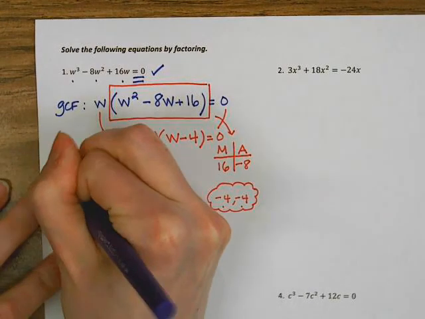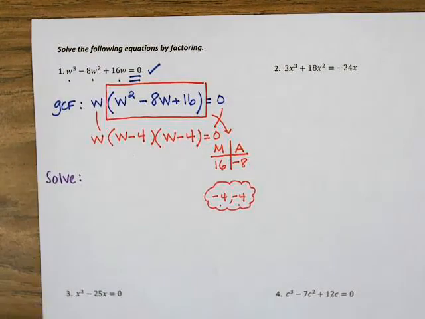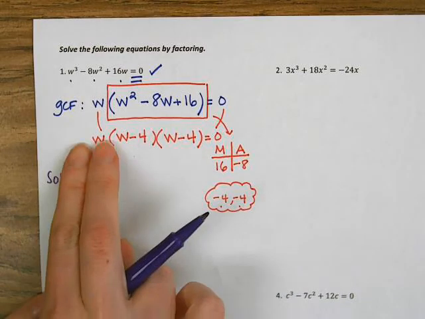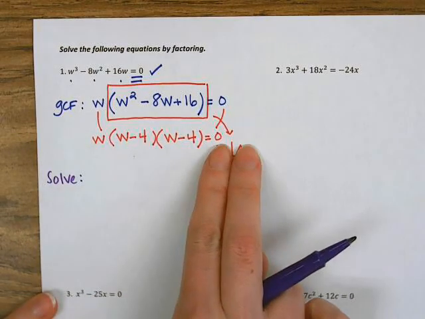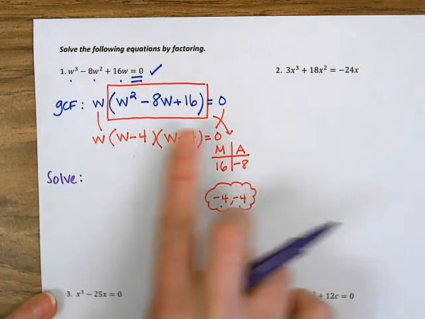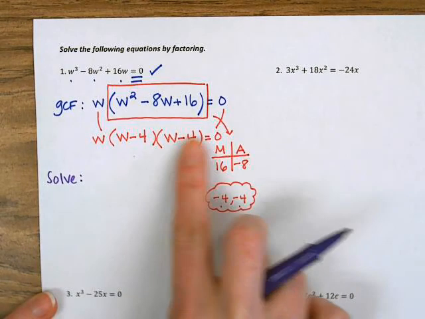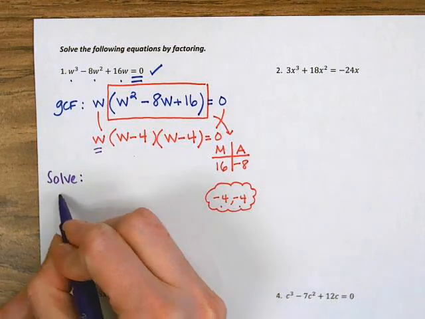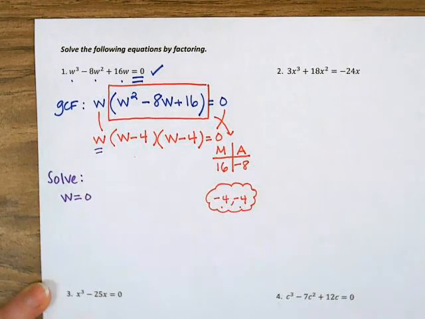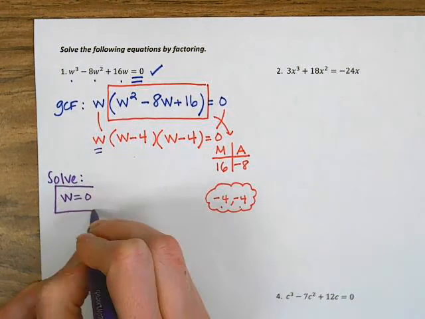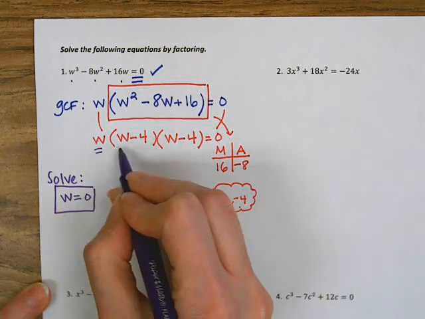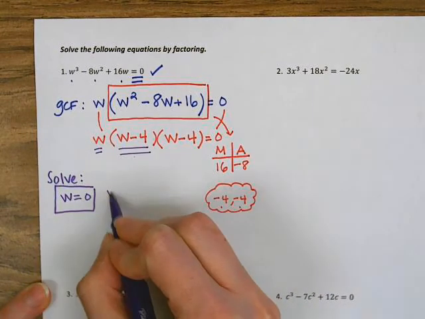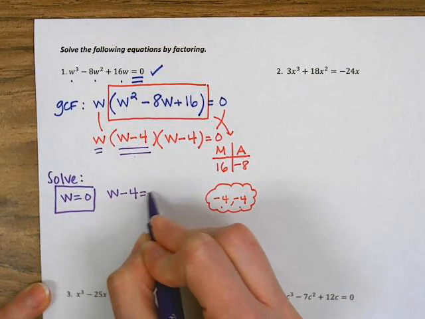Okay, so how do we solve? We actually have done this before. When you solve a bunch of factors equal to 0, you set each one equal to 0 and solve. So let's do this one first. W equals 0. Well, there's one answer. Let's do this one next. W minus 4 equals 0.